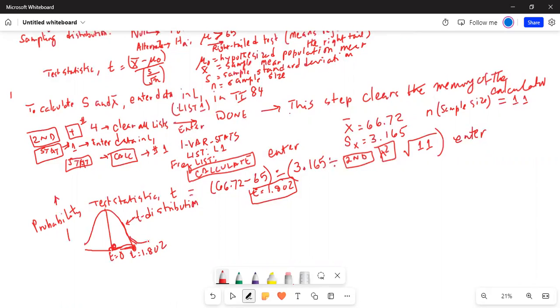And we want to calculate the area. So we have t on the horizontal axis, like I said before.